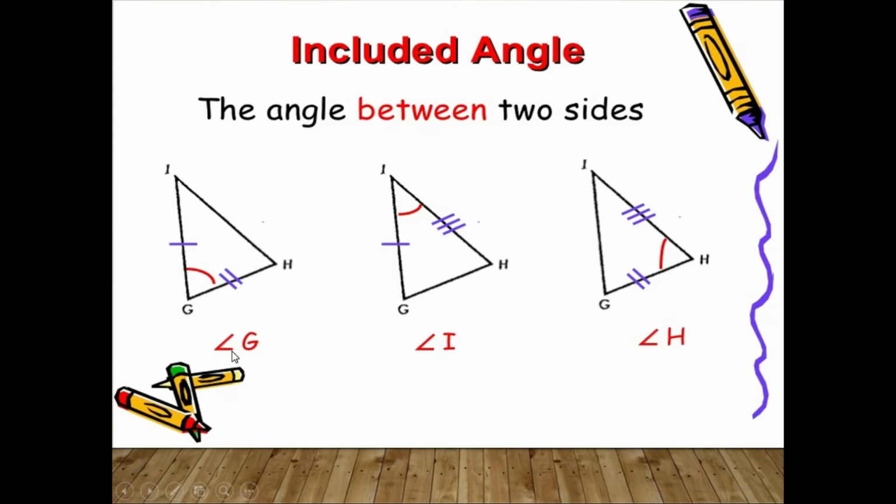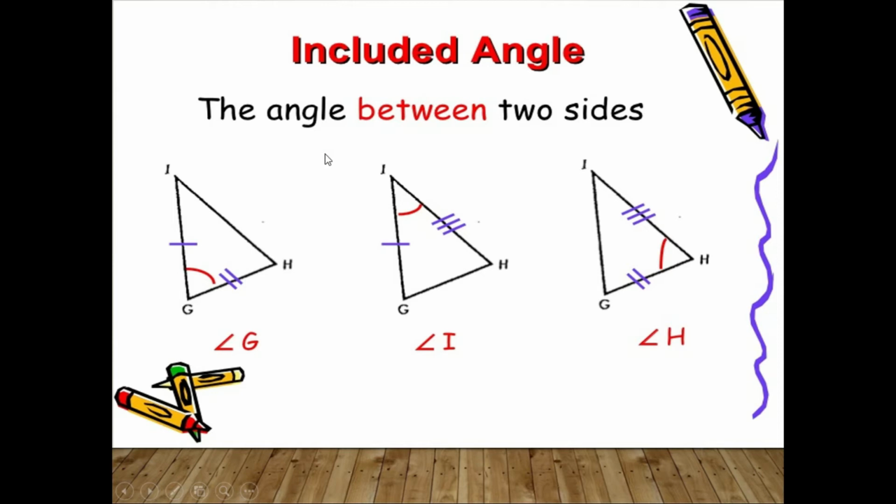So, we have angle G. So, for the second, we have angle I, kasi ito yung merong markings na sides. Then, for the third given, we have angle H, since we mark the two sides which are line segment IH and line segment GH or HG. So, ganito lang magpangalan ng included angle.